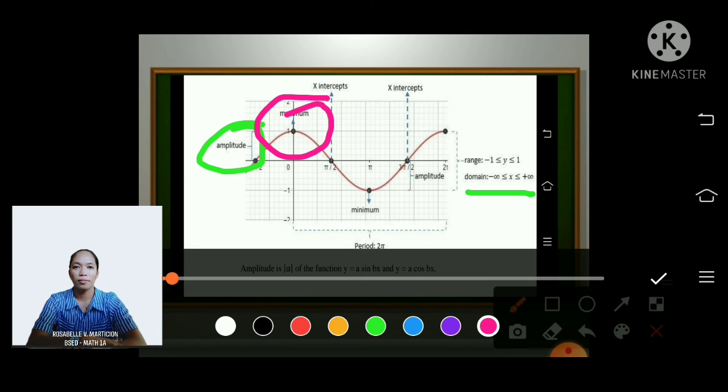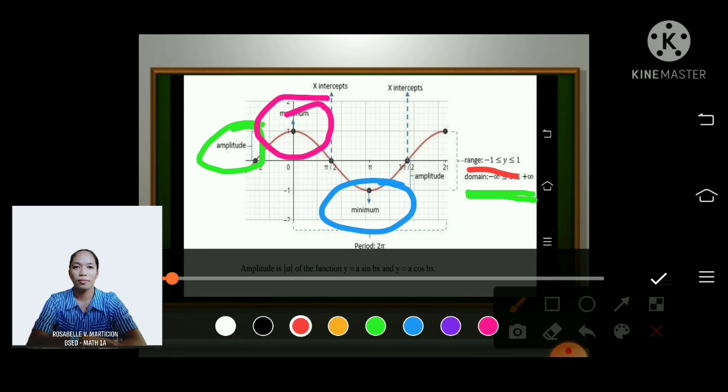And the minimum point is negative 1, the lowest peak of the graph. And the domain is negative infinity to positive infinity. And the range of this graph is negative 1 to positive 1.